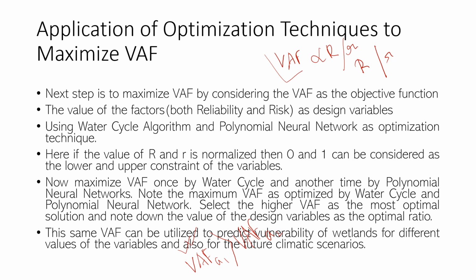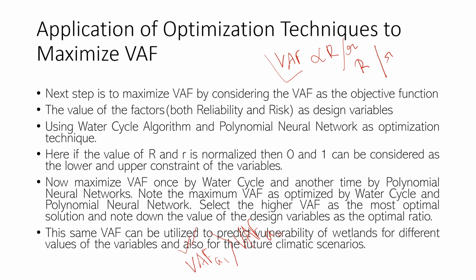Okay, and as you know, in case of optimization technique, there are also constraints. So if you convert all the reliability factors and risk enhancing factors into normalized values, then 0 and 1 will be the lower and upper constraints of the variables respectively.